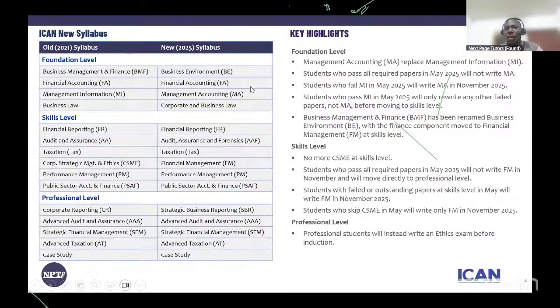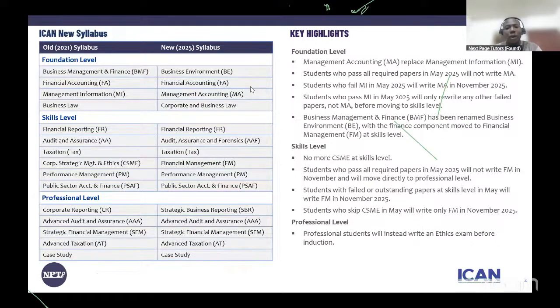As many of you would have seen this, I'll be approaching it from an angle where we have received a lot of questions from students, so that we don't dwell on the main changes. What we had before at foundation level was BMF, financial accounting, MI, and business law.